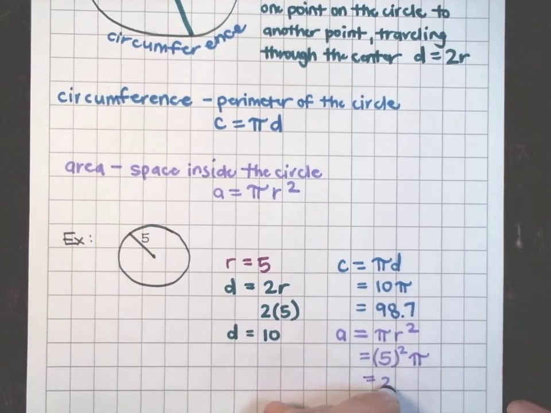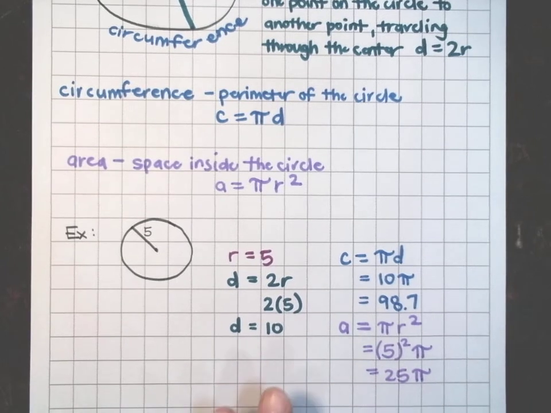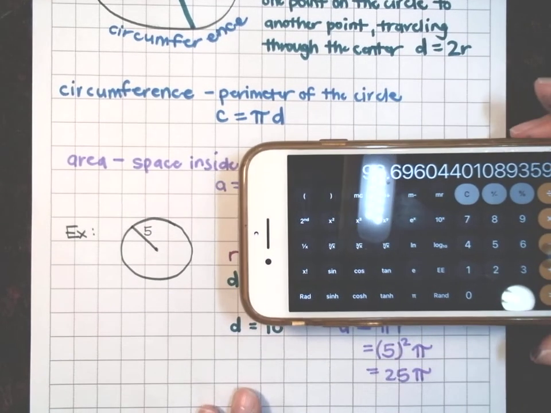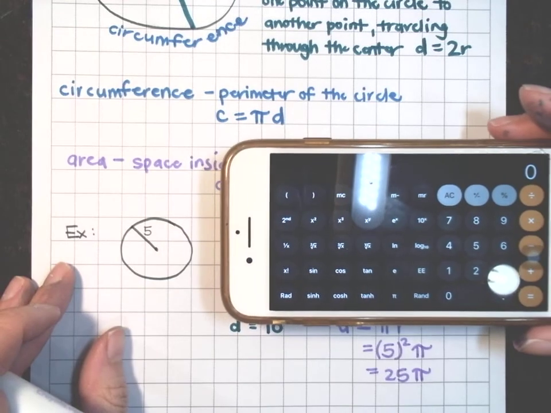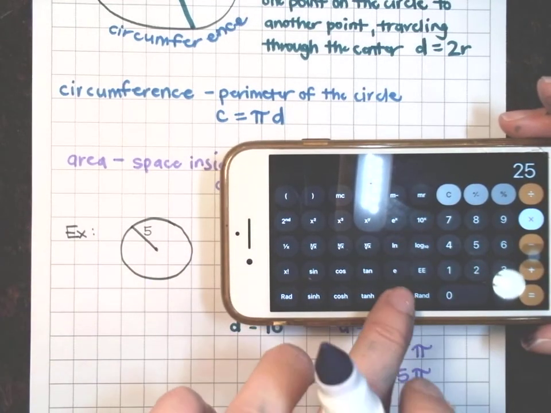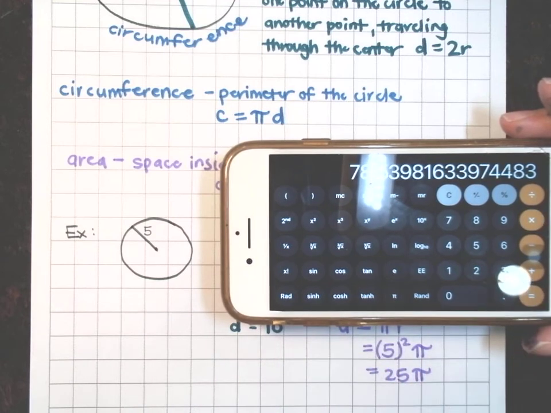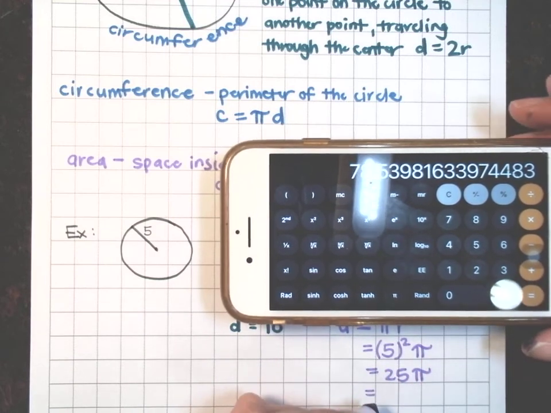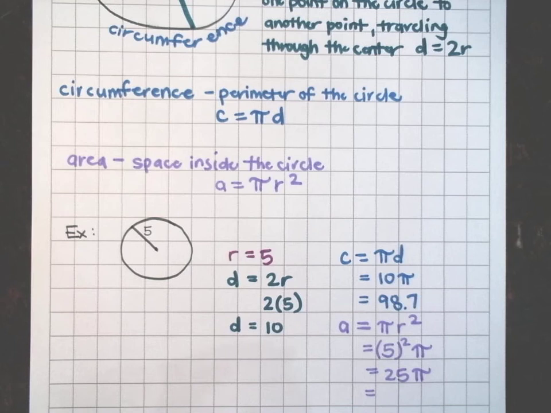So that's 25 pi. And then we'll pull out our calculator again. And we'll take 25 and we'll multiply that by pi, which is 3.14. And we see that the area is 78.54.